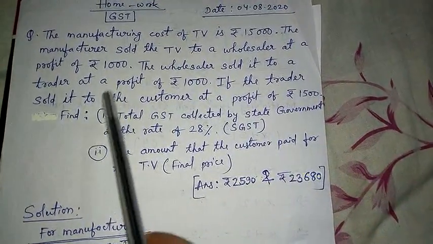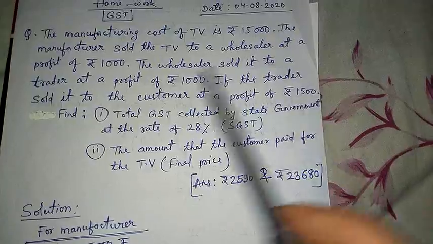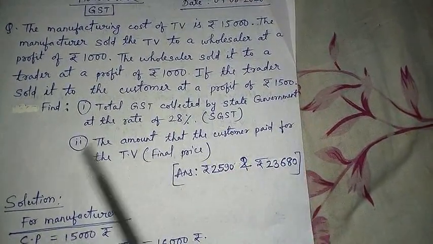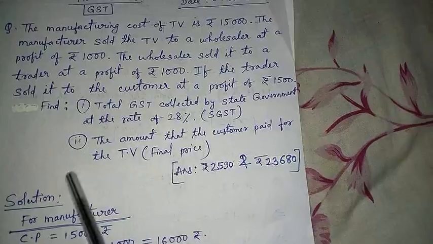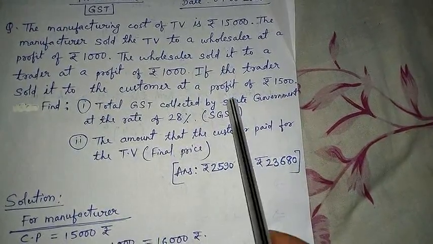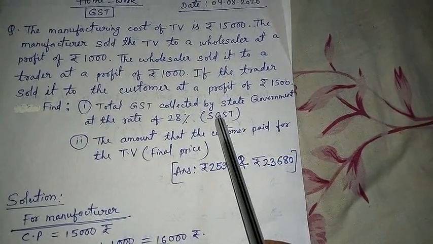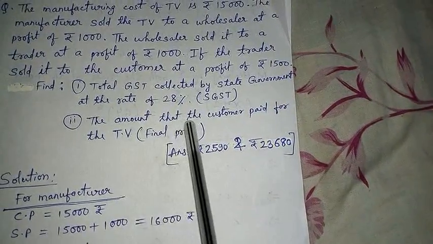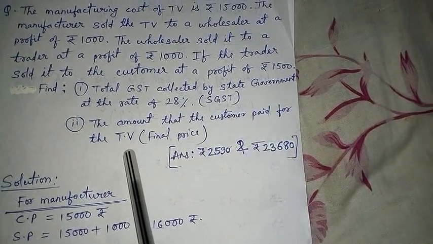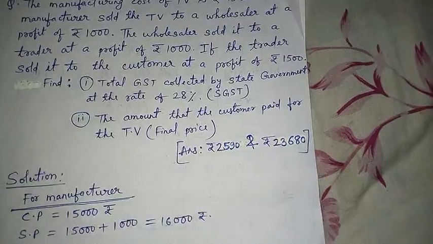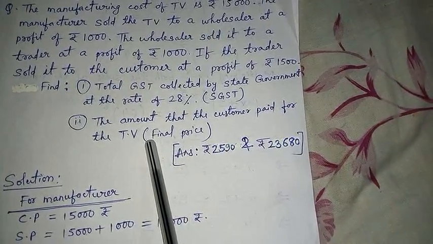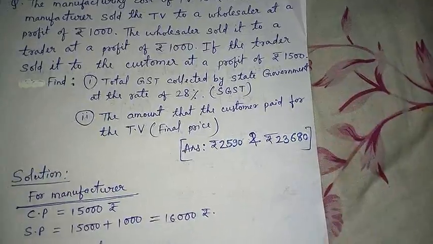If the trader sold it to the customer at a profit of 1,500, find the total GST collected by the state government at the rate of 28%. So state government means we have to find SGST, where the state government's GST is called SGST. Number 2, the amount that the customer paid for the TV, that is the final price. Final price means the amount at which the customer gets the television.